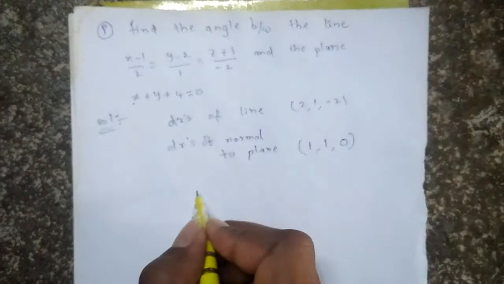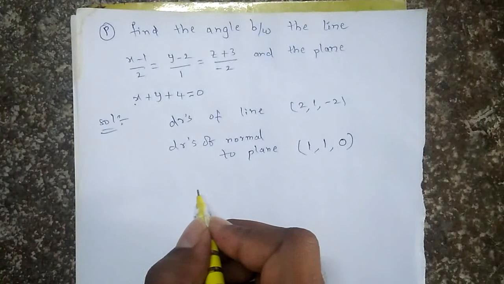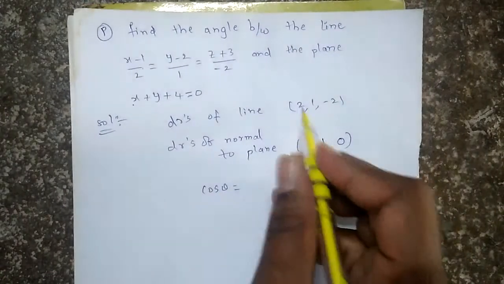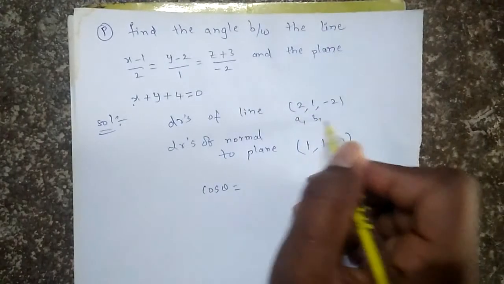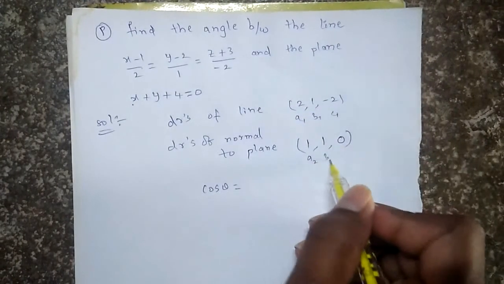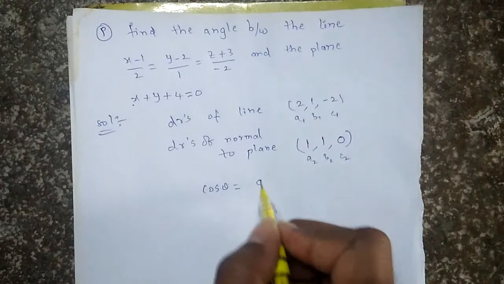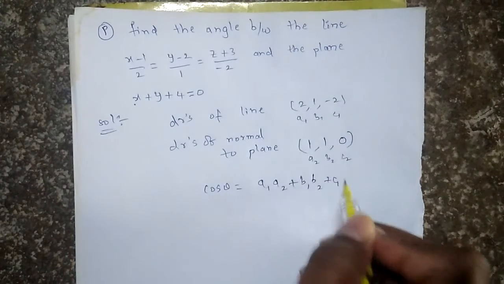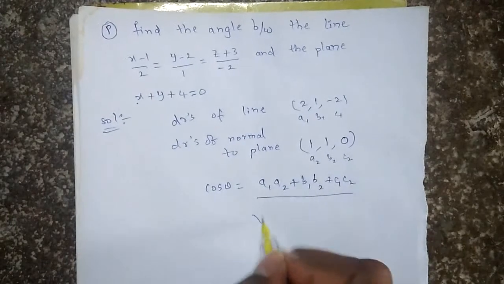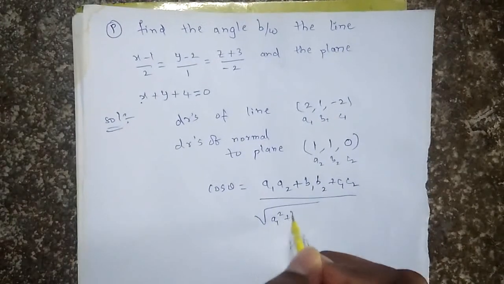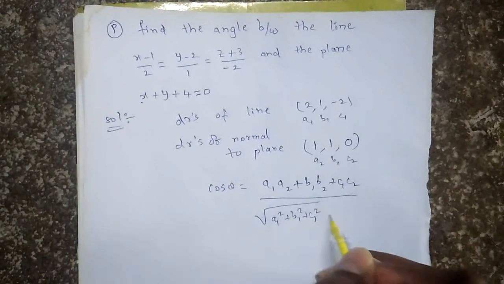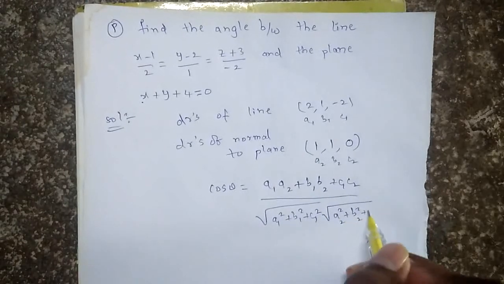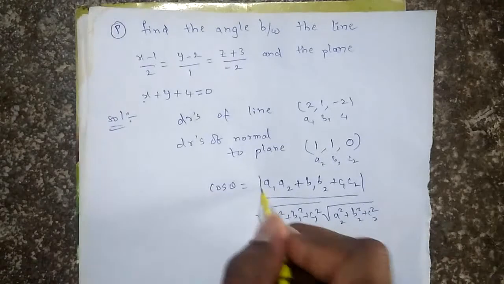Now find, so first find cos theta. Cos theta is, this is a1 b1 c1, a2 b2 c2. Apply the formula: a1 a2 plus b1 b2 plus c1 c2 by root of a1 square plus b1 square plus c1 square, root of a2 square plus b2 square plus c2 square, under modulus.